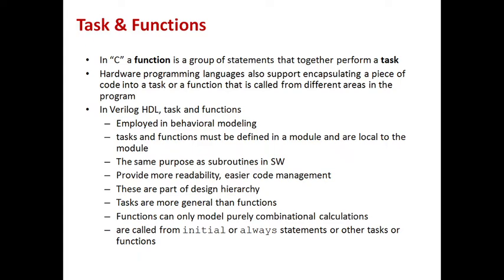The difference is that in the C language, apart from the main function, whenever we write any customized function, we follow a function declaration, and the function call will be present inside your main function, and the definition of your customized function is written outside of your main function. But here, the definitions of tasks and functions are always provided within the module itself, and they are local to the module.